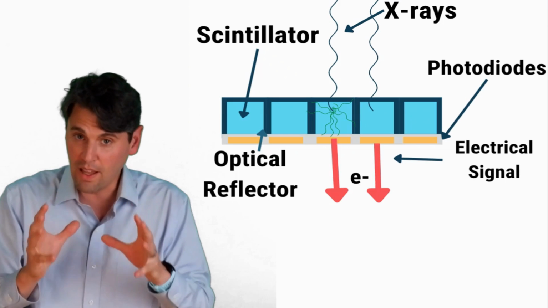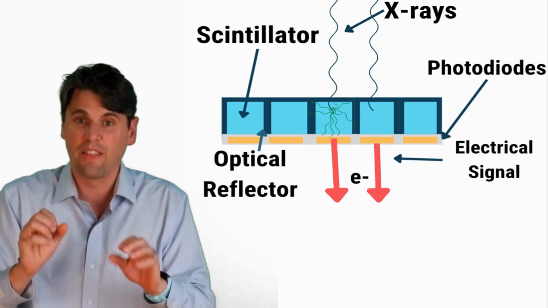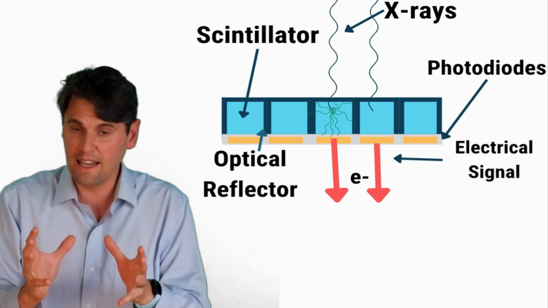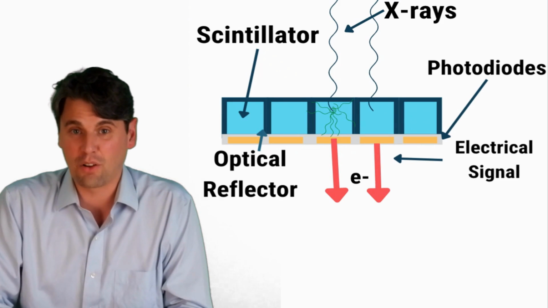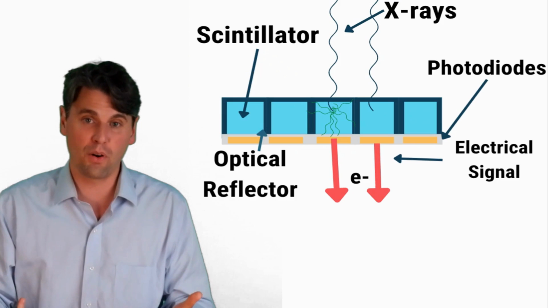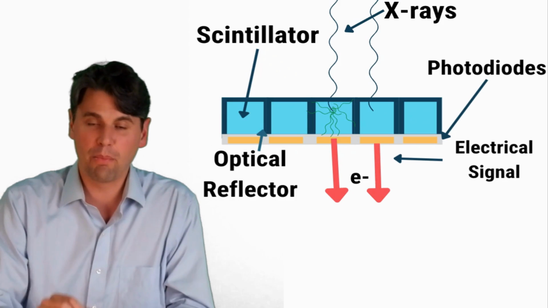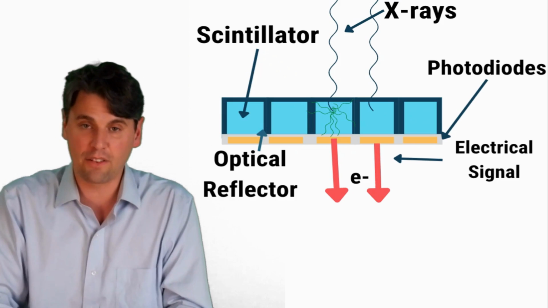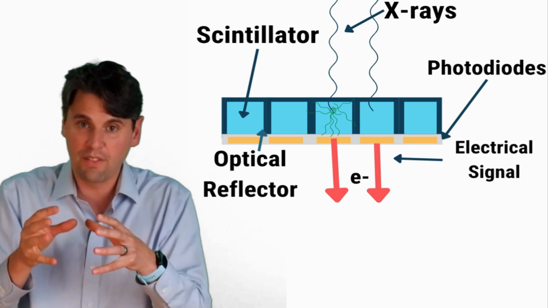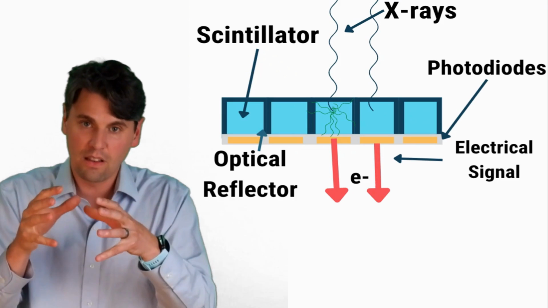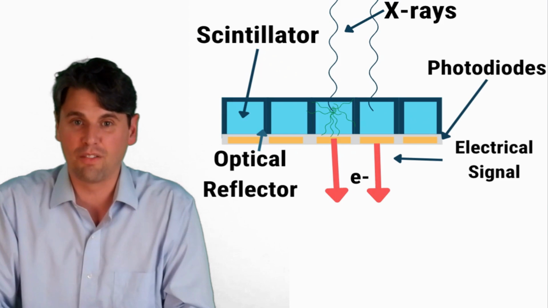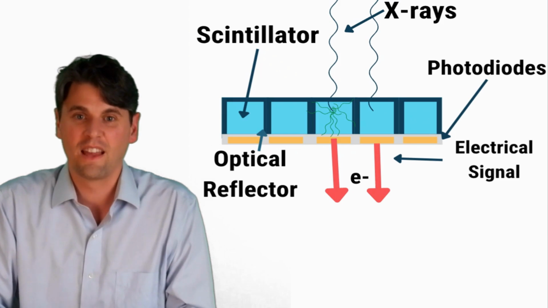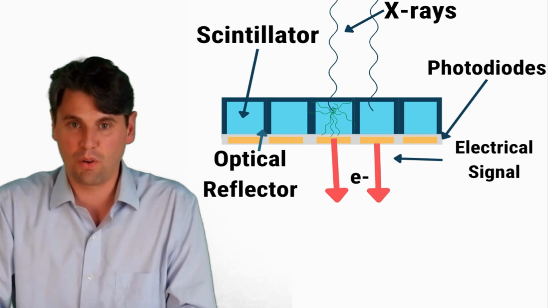Then those light photons are converted from the light into an electrical signal by what's called a photodiode. And there's a little bit of an optical reflector surrounding each of the scintillator crystals so that the light stays inside of each of those little local areas and then gets read out by the photodiode.